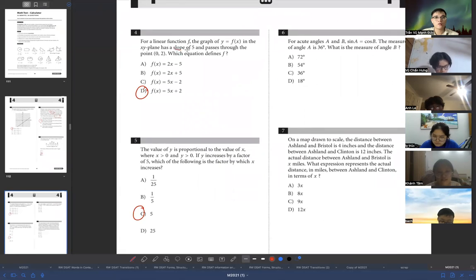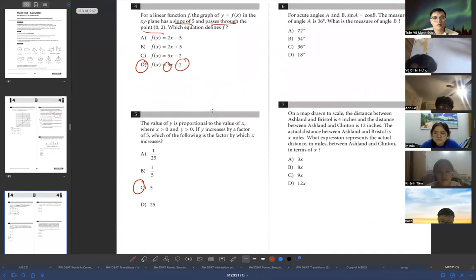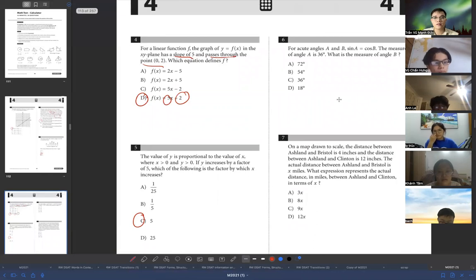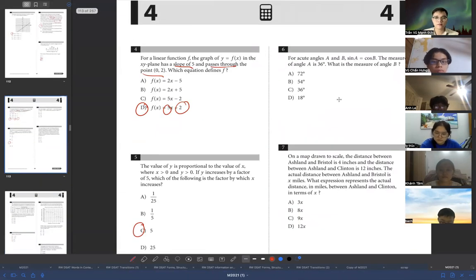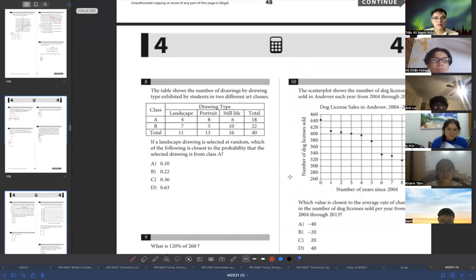Firstly is the slope, slope is this, and the y-intercept is this one. Yeah, that's it. 6 and 7. 6B. 7A. Very simple. Next is the fun part.